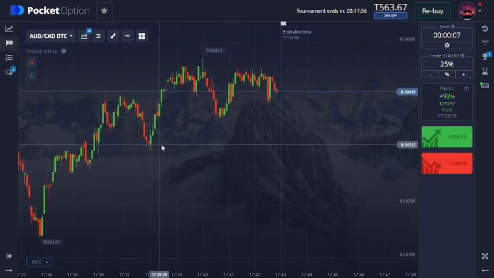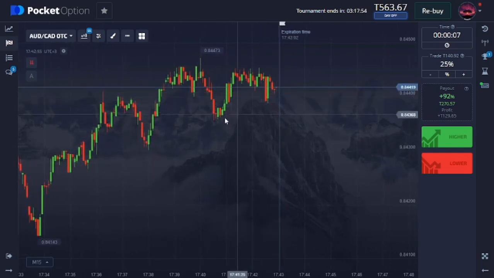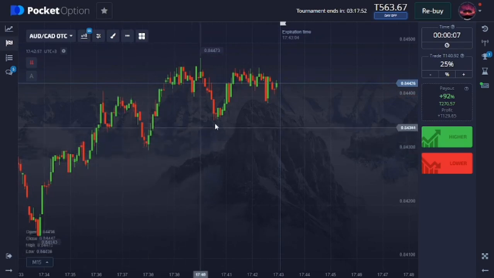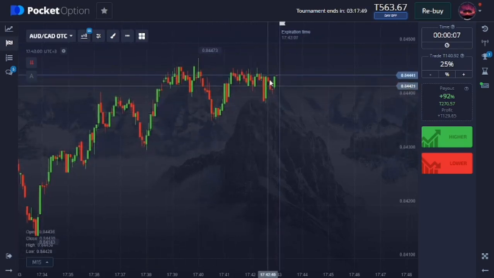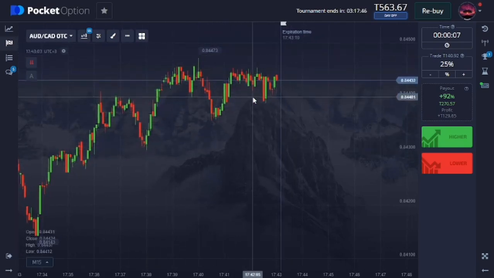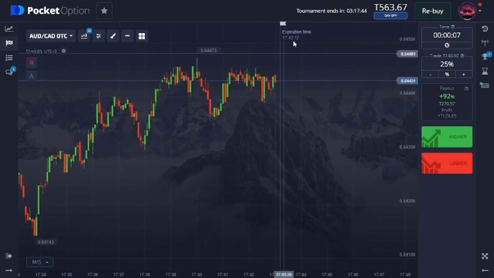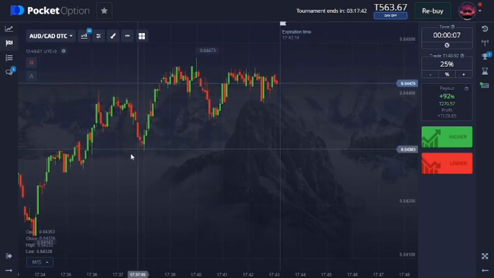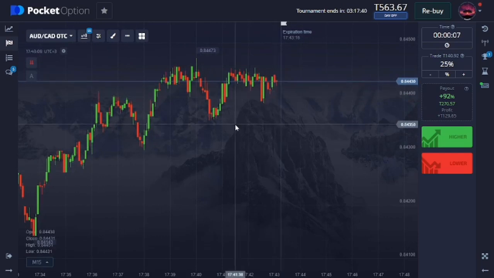If you can see it from this trend line, it is respecting the trend line, so it makes sense to go up. So the breakout will be to the upside according to the trend line.